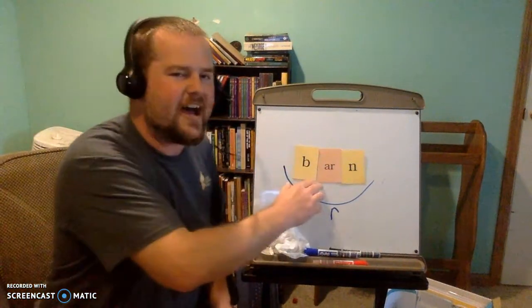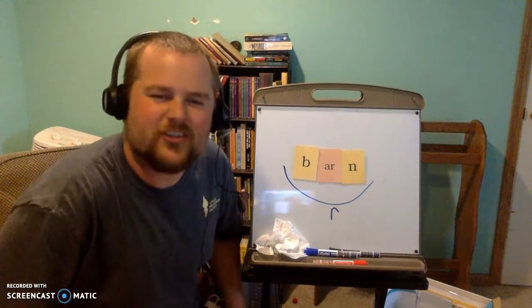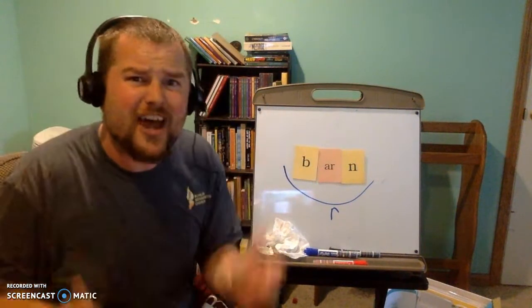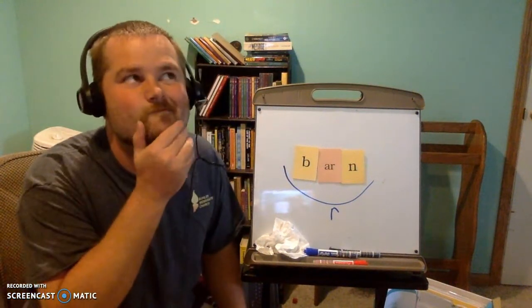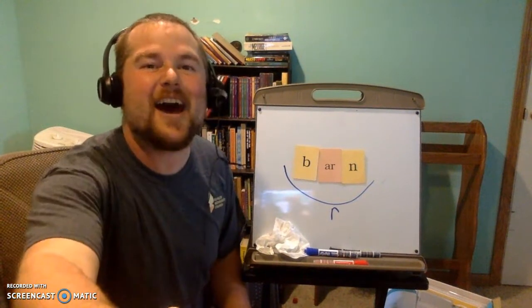Now, here's something new. We can combine R-controlled syllables with other types of syllables. Let's do that now. Okay, let's start with the word army. How many syllables are in the word army? Army. 2 syllables.